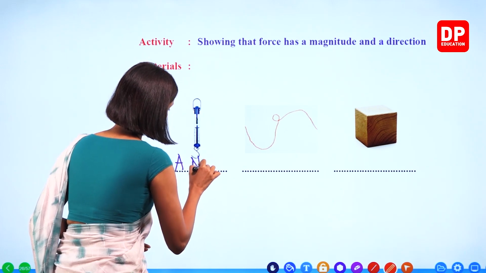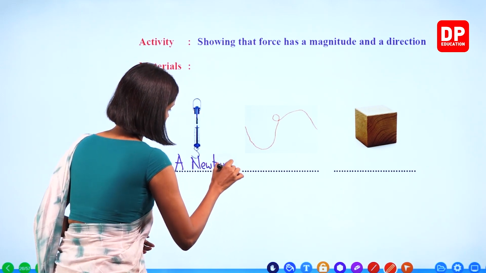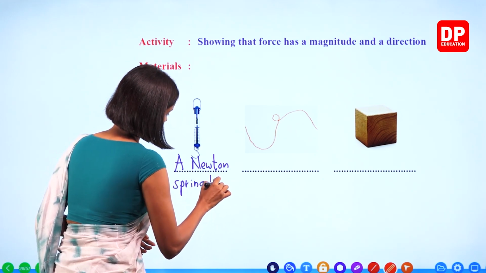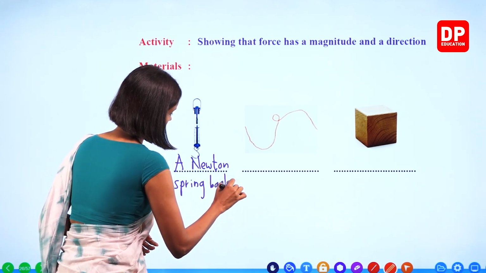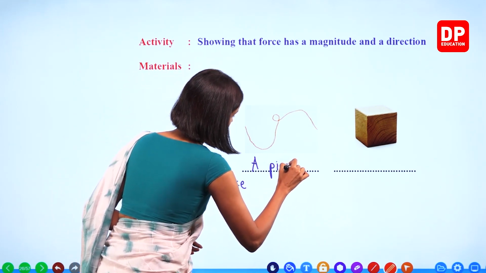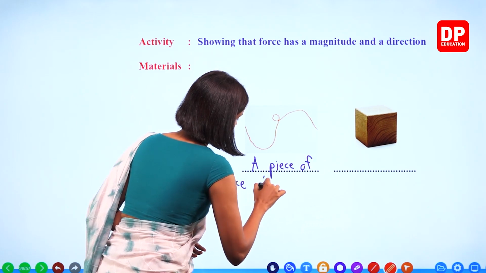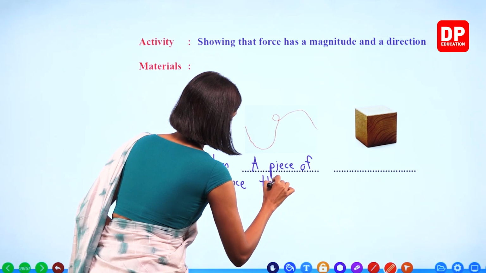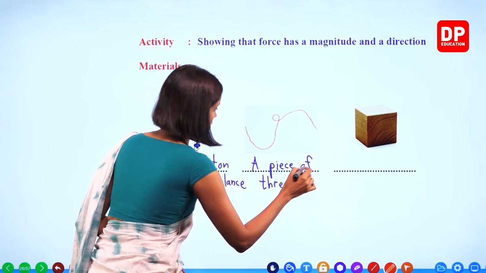A Newton spring balance, a piece of thread, and a wooden block.